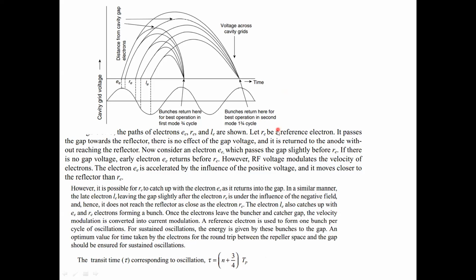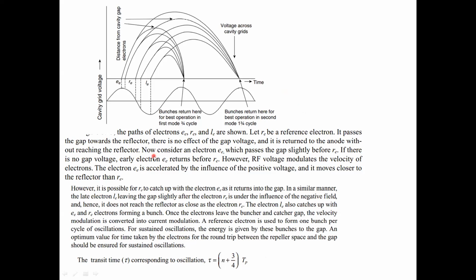If the early electron be the reference electron, it passes the gap towards the reflector, so there is no effect in the gap voltage. That is the reference electron, so it is returned to the anode without reaching the reflector. Clear? That is the behavior of the reference electron.